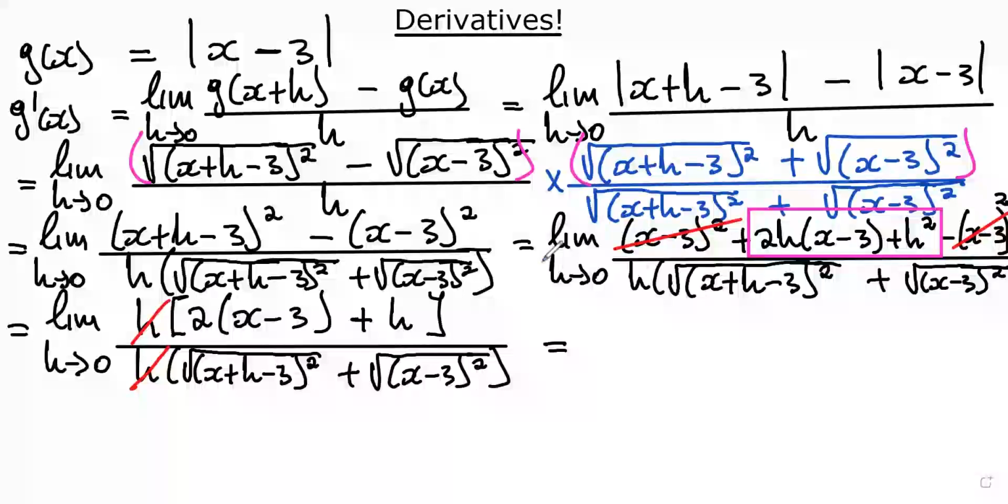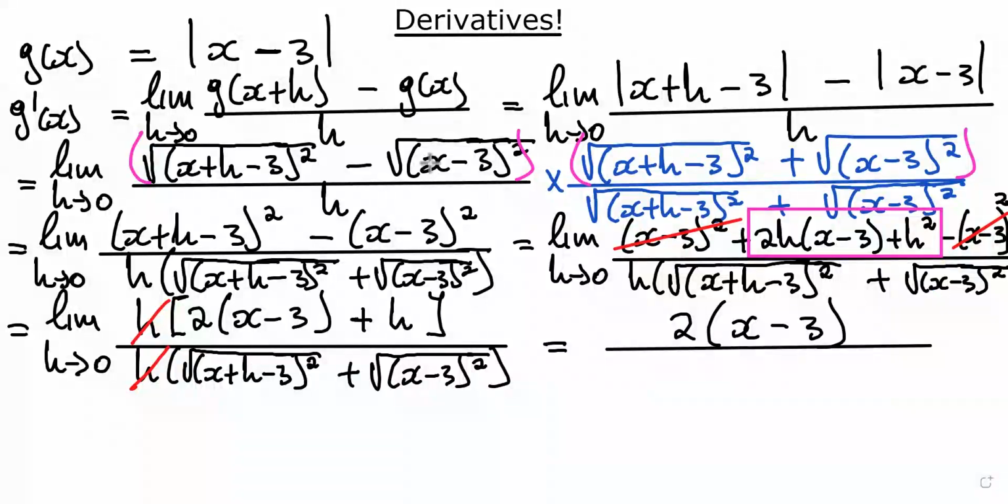And after they cancel out, we are now left with the limit of this expression, and we can now use direct substitution. So the h will die. In the numerator, we are left with 2 into x minus 3, which you can choose to distribute. There is no problem about that.